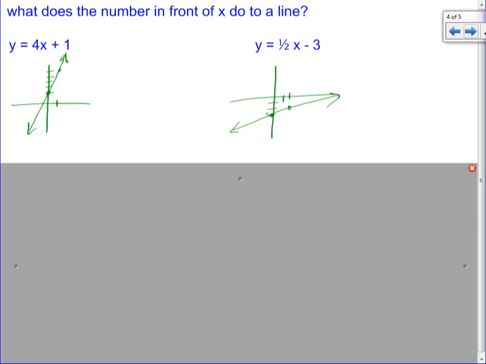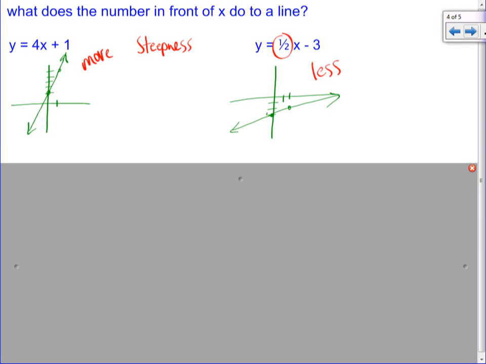So what we want to think about is the steepness of these lines, how steep they are. Which one is more steep? The first one would be harder to ski down, right? If you had some downhill skis on, it'd be more of a black diamond. This one over here would be like a bunny hill. This one is way more steep. This one is less steep.